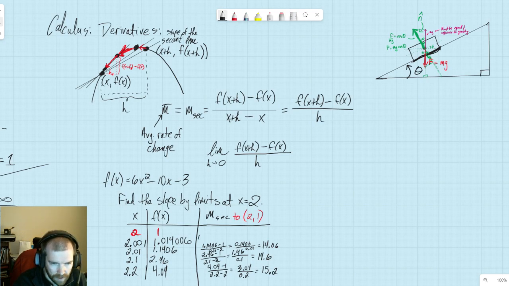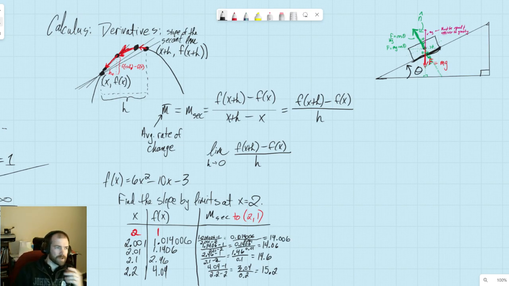And similarly here, 1.014006 minus 1 divided by 2.001 minus 2. It's going to be 0.014006 divided by 0.001, which is 14.006.